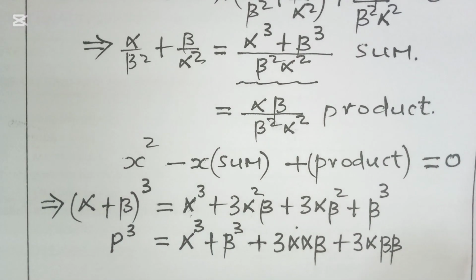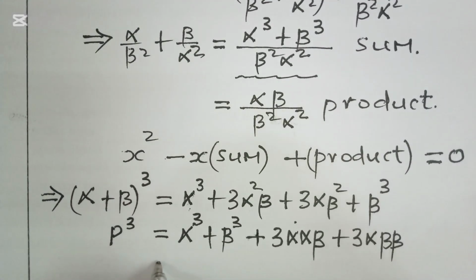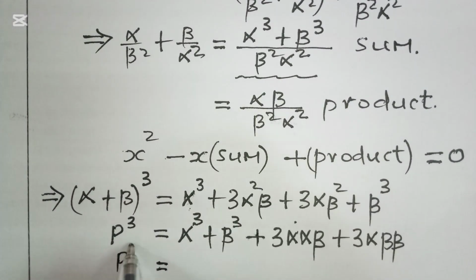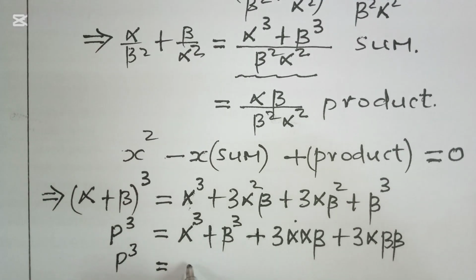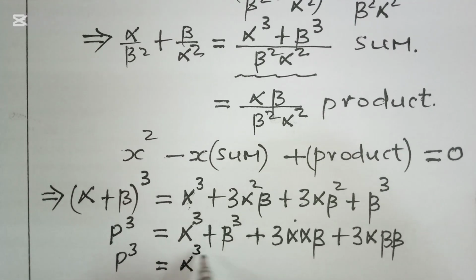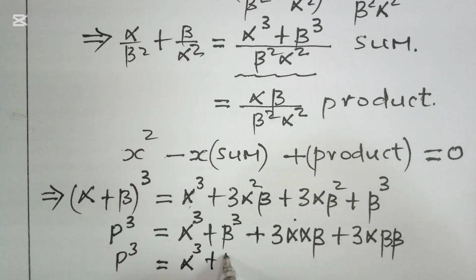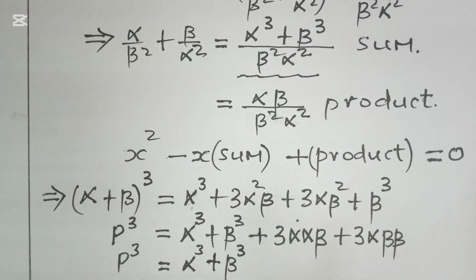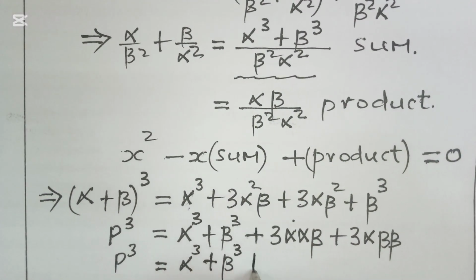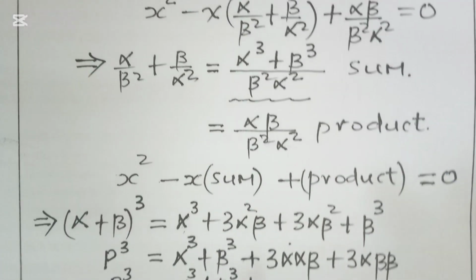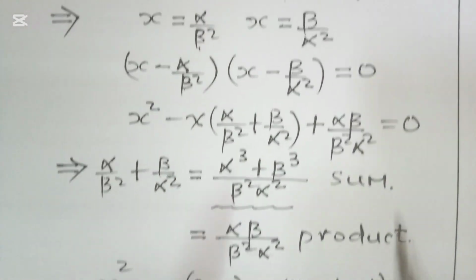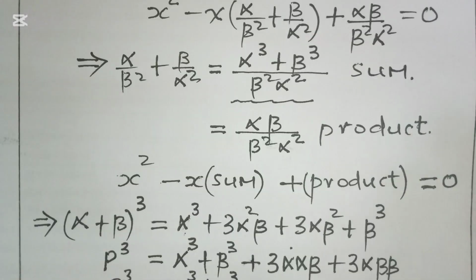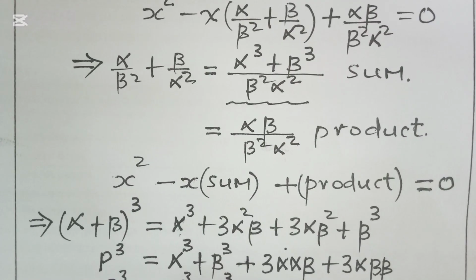And now, guys, we can go ahead and replace for p or q. So we have p cubed is equal to alpha cubed plus beta cubed. Remember, we are looking for alpha cubed plus beta cubed. Now plus, we are looking for alpha and beta. Alpha and beta is supposed to be q. So I'll replace alpha multiplied by beta.